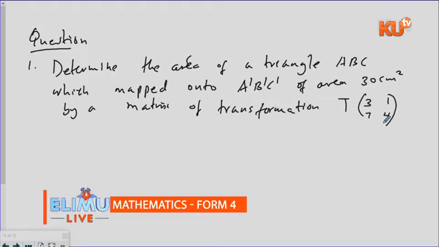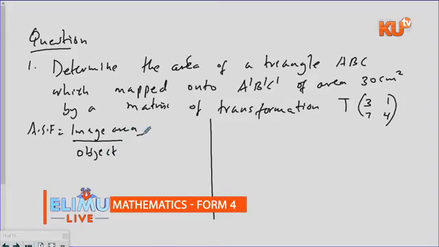So anytime you see this case, remember one thing, that the area scale factor is equal to the image area divided by the object area. And this is equal to the determinant of the matrix of transformation.